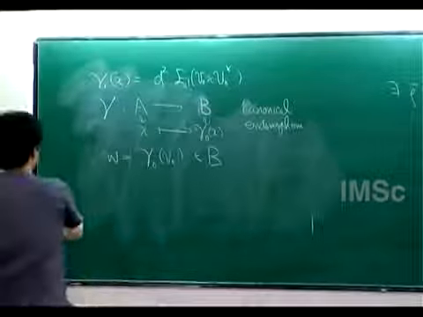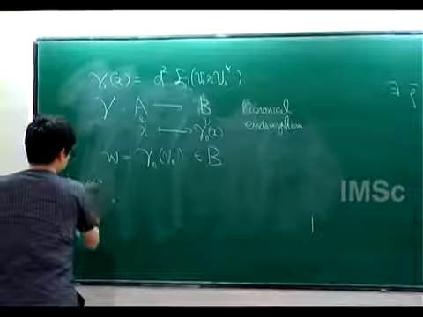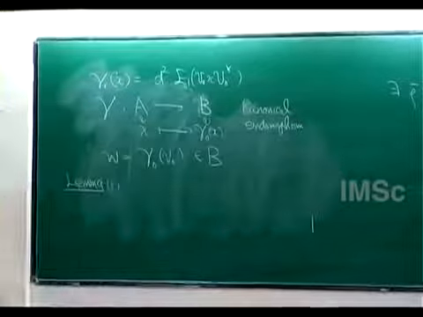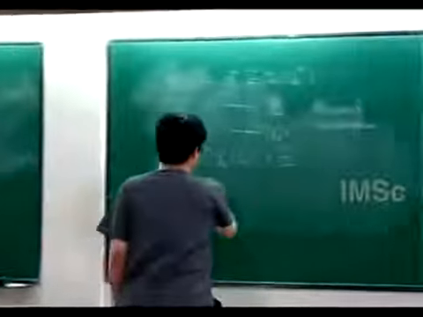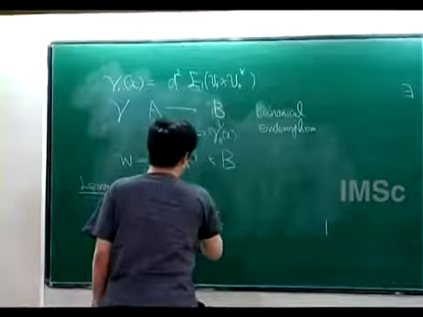Right. So, lemma. First of all, this V is an isometry. It is an intertwiner between the identity of A and gamma.